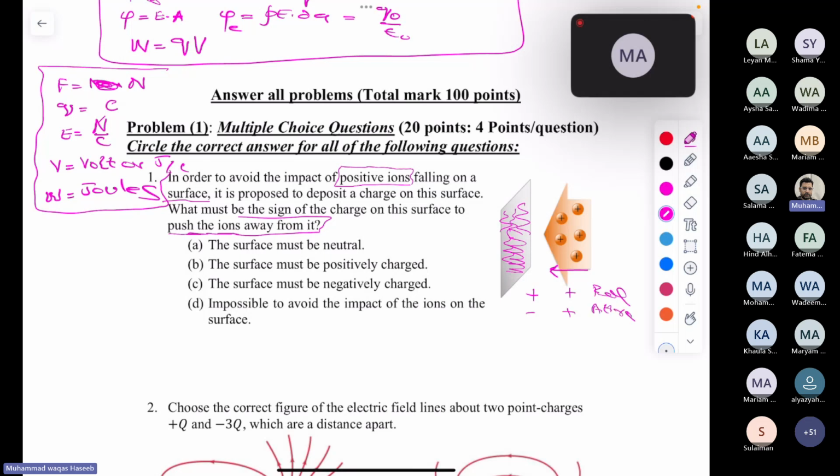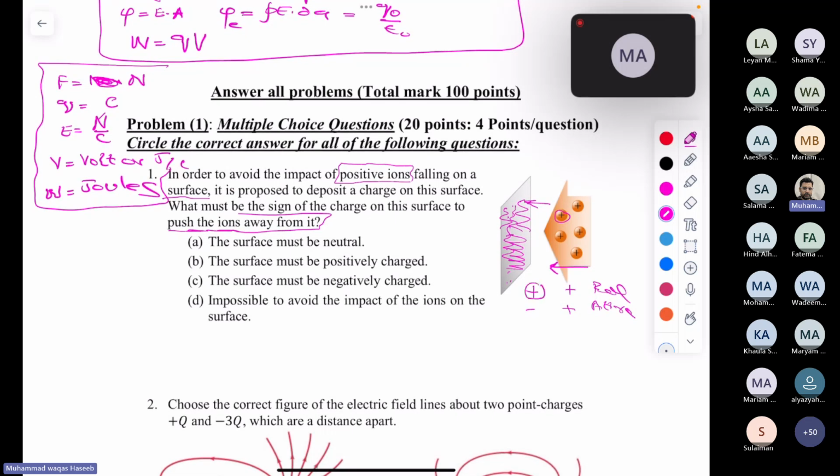If we don't want the positive charge to be deposited on the surface of the sheet, we want to stop it, we make it positive. If we want to deposit these charges, we make it negative. So in that case, what must be the sign of the charge on this surface? To push means to go away from this, the ions away from this. So the answer is the surface must be positively charged.